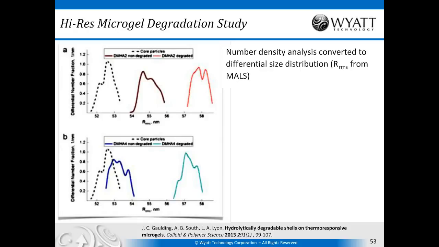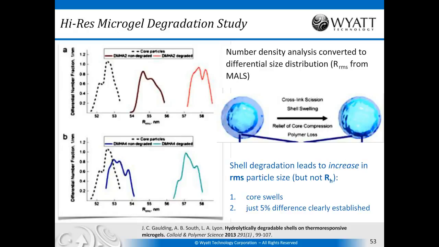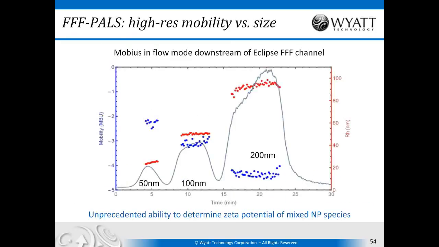This is the same thing for a different type of shell. And so the shell degradation leads to an increase in the particle size, but not in RH. So if we were to measure RH, which is the envelope of these particles, it doesn't change at all. That tells us that there's an internal shift in the mass, the core is swelling, and we can see very small differences using this technique.